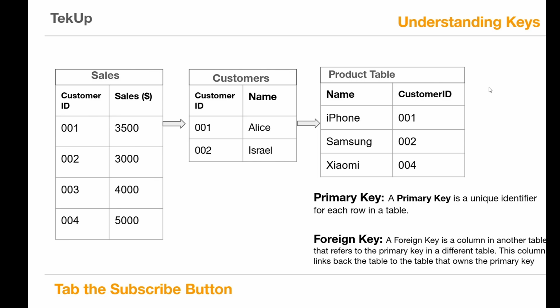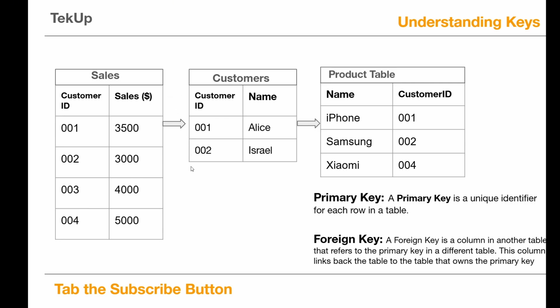Why is it a primary key in the product table? Because it initially belongs to this particular table, but in the sales table, it becomes a foreign key because it links this product table and the sales table together.